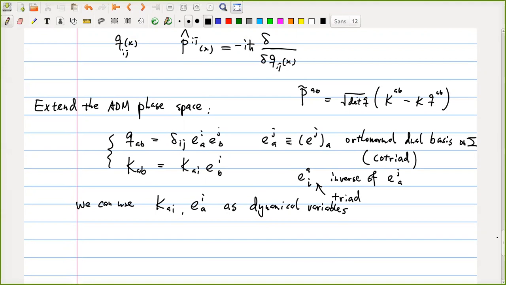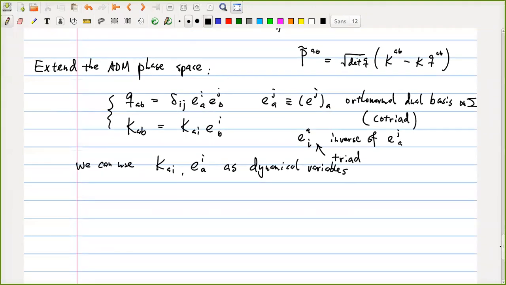Finally it's not exactly like that, but the idea is this. Suppose we use these as the dynamical variables. Then K_A^I and e_I^A uniquely determine Q_AB and K_AB, and then these variables uniquely determine Q_AB and P_AB. Then we recover the ADM variables.